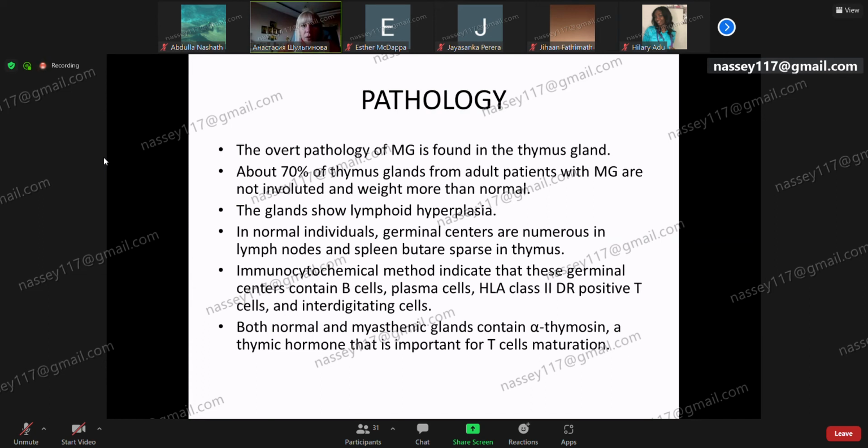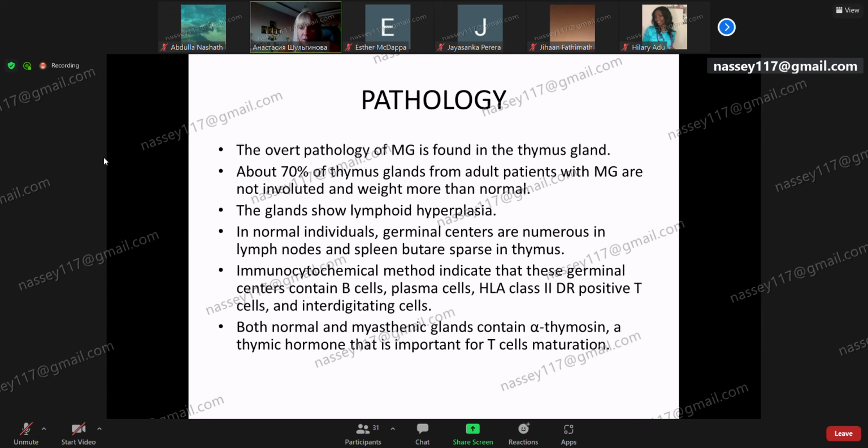About 17% of the thymus glands from adult patients with myasthenia gravis are not involved and weigh more than normal. The glands show lymphoid hyperplasia. Immunocytochemical methods indicate that these germinal centers contain B cells, plasma cells, and HLA-positive T cells, an immune disorder, an immune response.